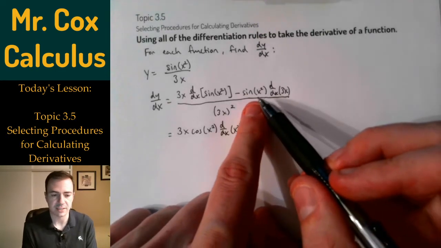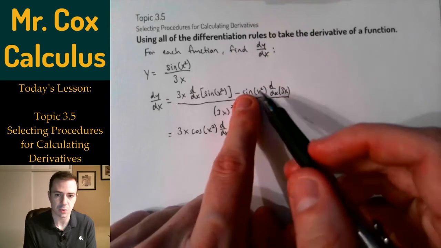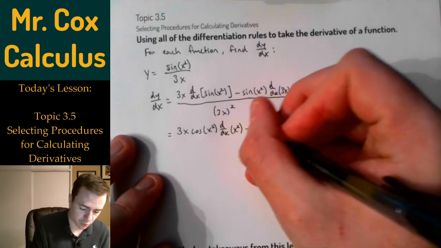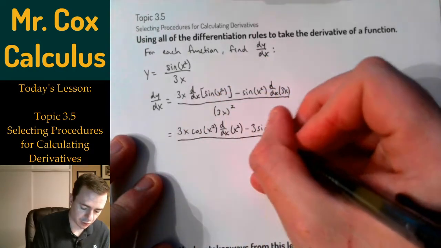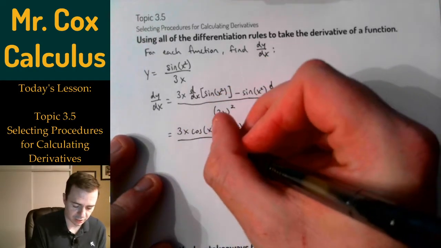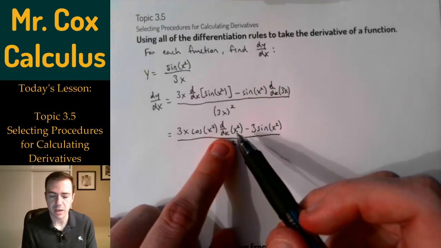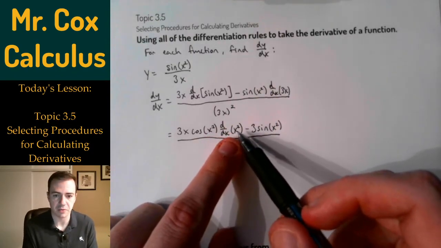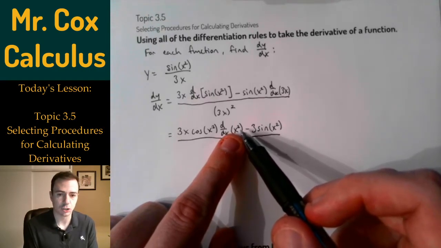Over here, I've got sine of x squared times the derivative of 3x. Derivative of 3x is 3. So this is minus 3 sine of x squared, and it's all over 3x quantity squared, which is 9x squared. Okay, my notation tells me I need to take the derivative of x squared here. Well, the derivative of x squared is 2x.